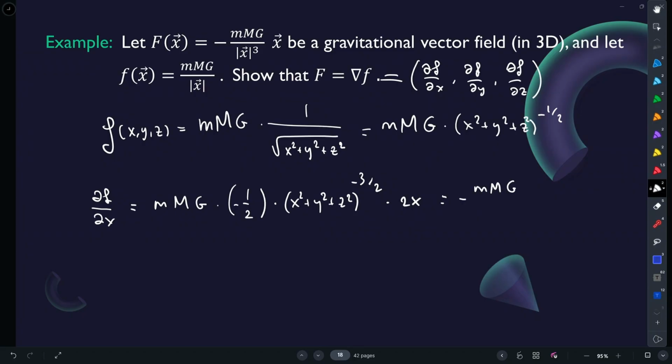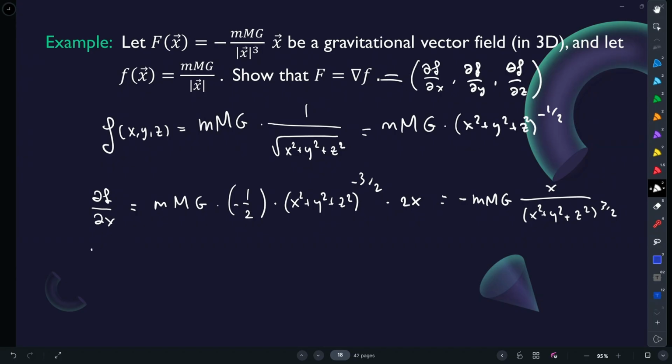This 1/2 and the 1/2 will actually cancel out, so I don't get any denominators here. mg x divided by x squared plus y squared plus z squared to the 3/2. Okay? If I took the derivative correctly, that's what it is, and I think I did.